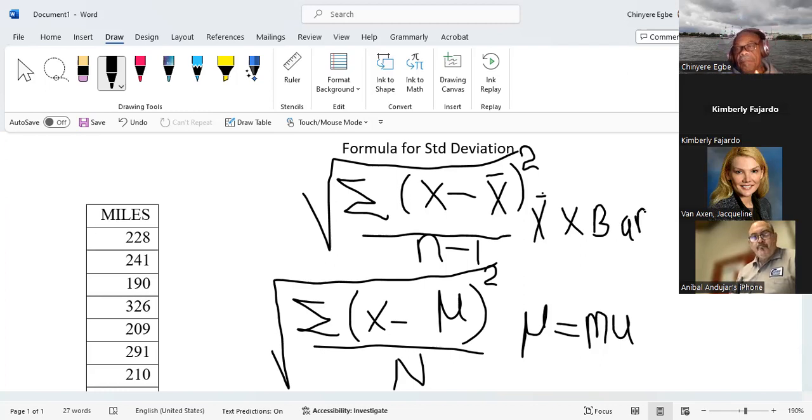All right, so let's now facilitate this using Excel. After we do the calculation, we're going to use Excel to make it very simple for all of us. So I'm going to take this off.